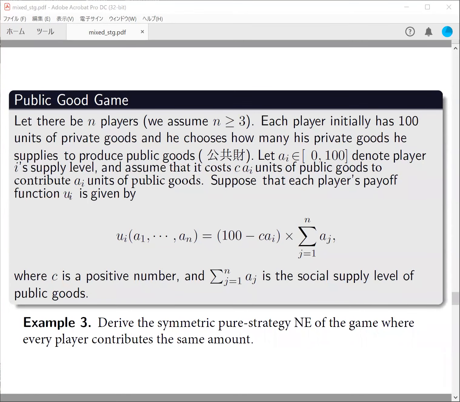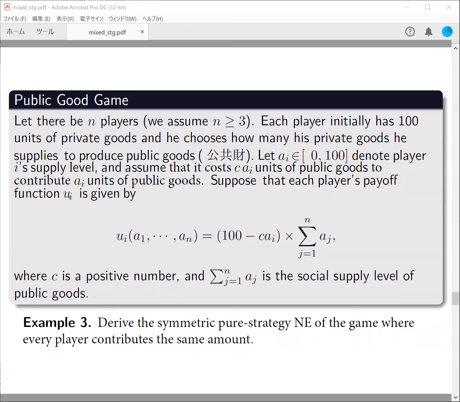Now let's consider the following public good game. In this game, each player decides how much he or she contributes to produce a public good, which benefits everyone involved in the game.